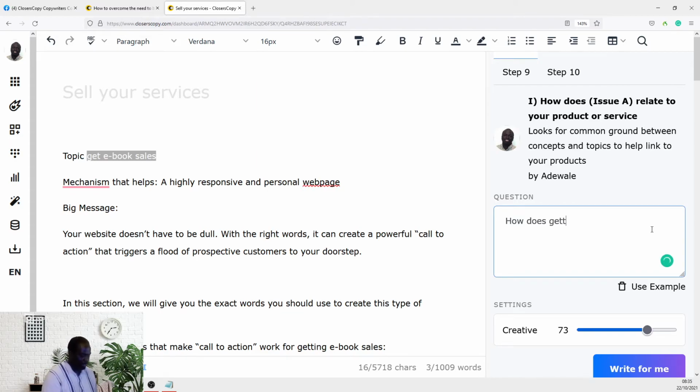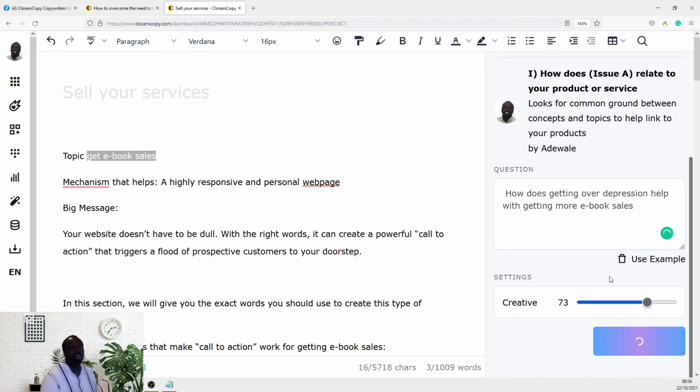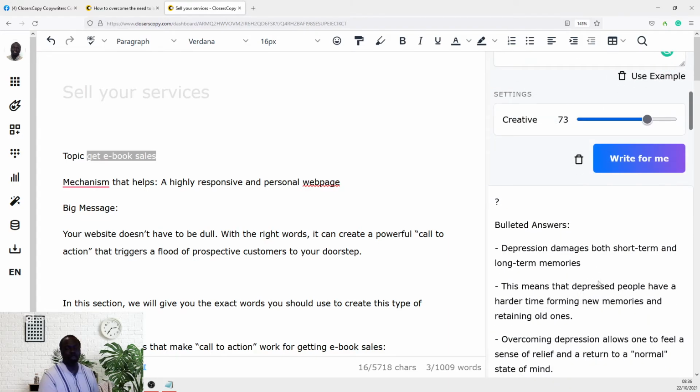How can getting over depression help with getting more ebook sales? And the idea here is, if you're struggling to find a connection between the email you've written and your product, this one should be able to pull in some ways of connecting them.